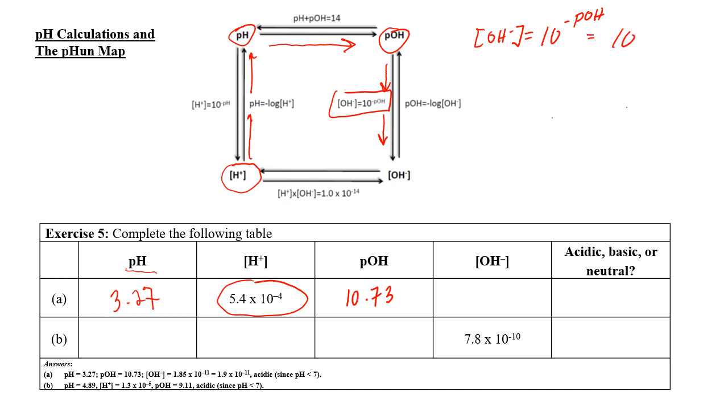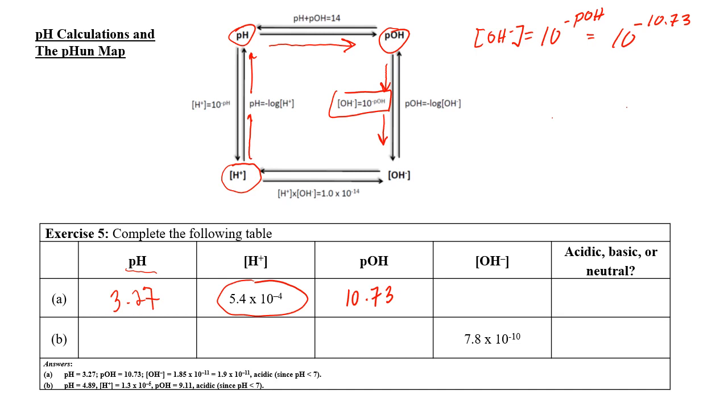It's going to be 10 to the minus 10.73. So in your calculator, you can just hit 10 caret negative 10.73.